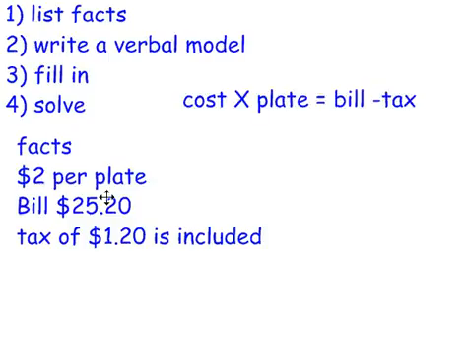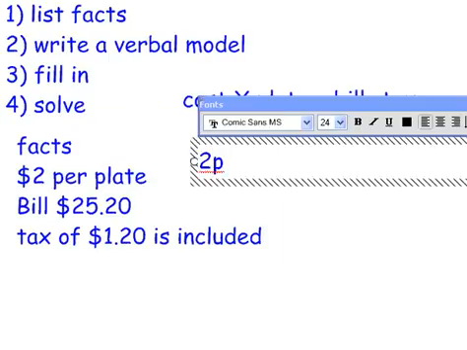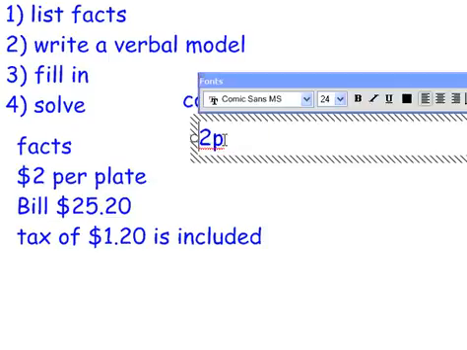And so here is the verbal model that we're going to use. Cost times plates is equal to bill minus the tax. And starting on the left, we know that the cost was $2 per plate. So we can write 2p. And that is going to be equal to the bill minus the tax.